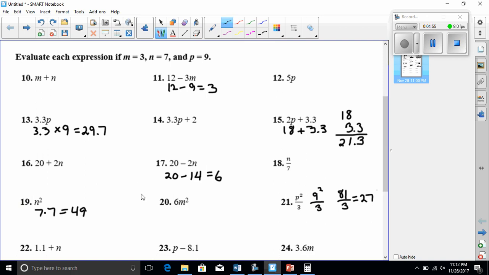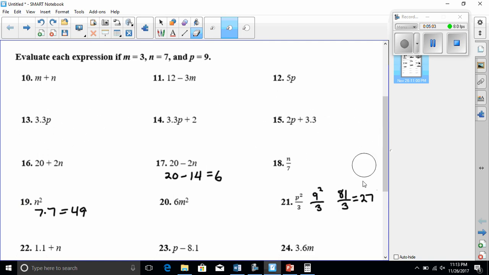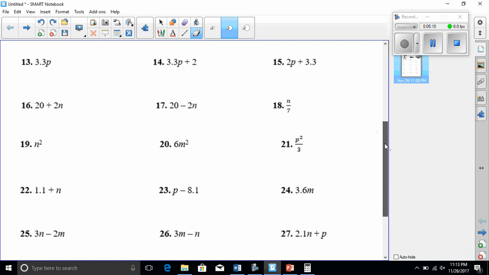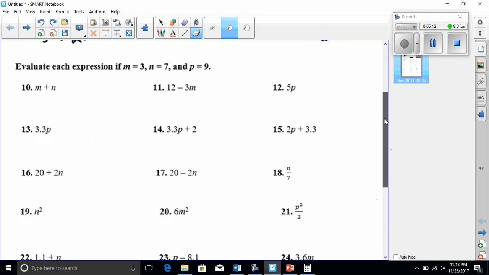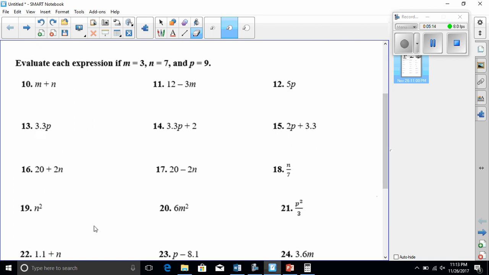I'm going to erase these now leading up to 22 to make sure that I don't have anybody just going to the end and copying here. And if we do that and we go into number 22, remember that 22 is following these over here. So 22 was n.